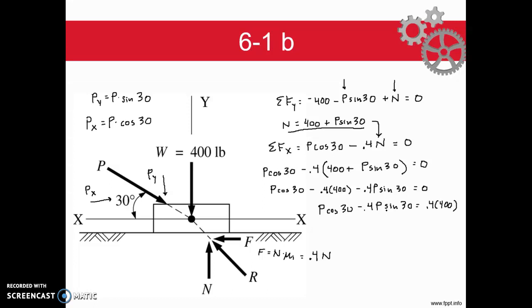So now I have two terms on the left here. Both of them have P in it, so I can factor that out. P times parentheses cosine of 30 minus 0.4 sine of 30 equals, I'll go ahead and simplify this. 0.4 times 400 is 160.